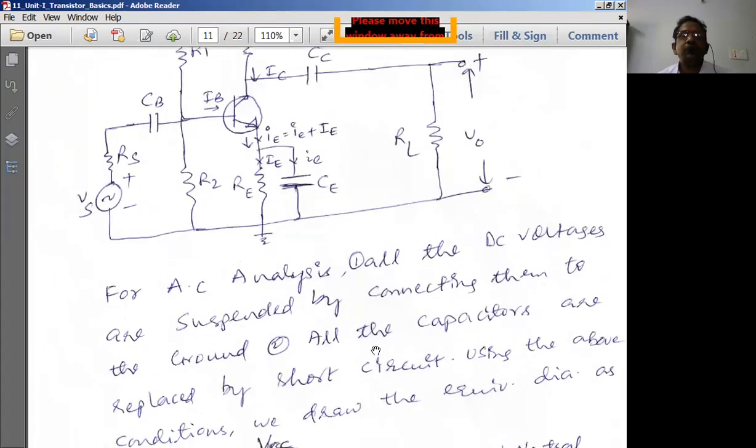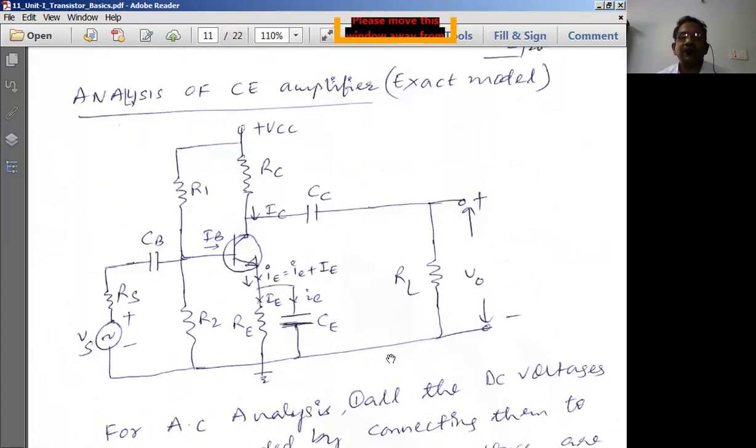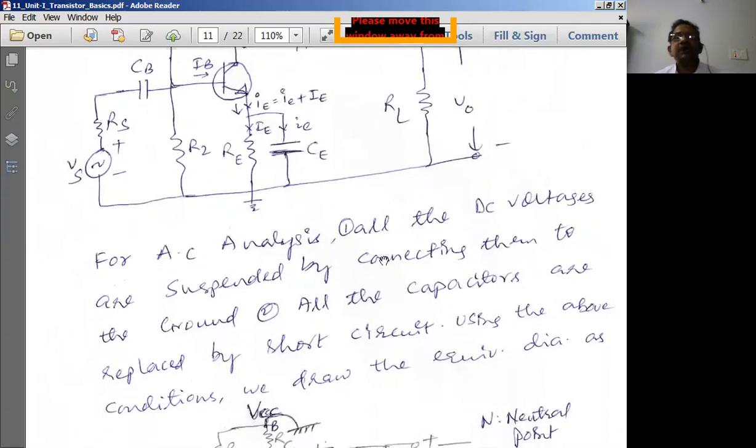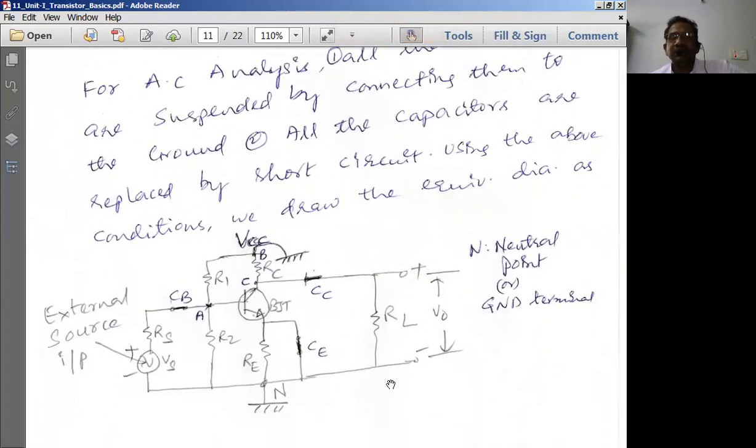In order to do the AC analysis, we assume that the DC conditions are perfectly good. That means the DC biasing is properly applied. Once DC biasing is properly applied and thermal stabilization is achieved at the DC levels, then we apply the AC analysis.